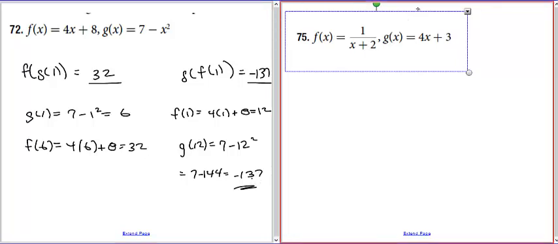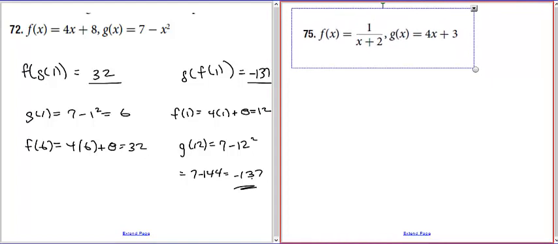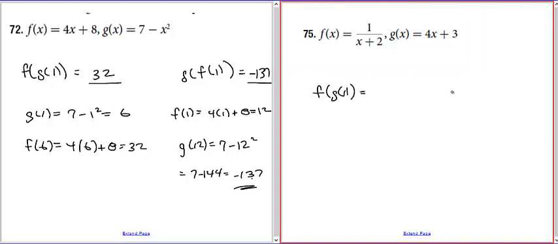Okay, let's do the same thing over here. So we're going to do f of g of 1 and g of f of 1. So again, we do the internal one, g of 1. Here's the g function, so that's 4 times 1 plus 3, which is 7.